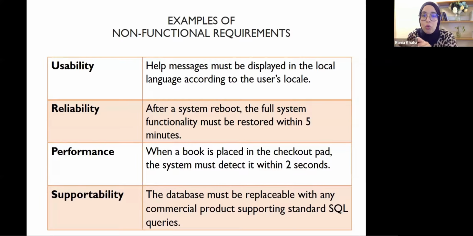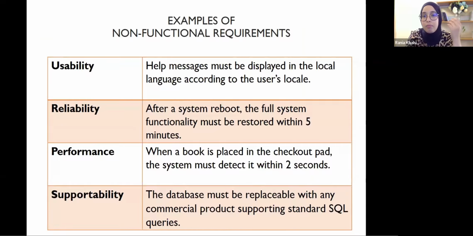So you need to make sure that your system is easy to use, but this is still a non-functional requirement because it's not related to the features of the system. Reliability, for example, is about what happens if the system has errors, and how much time your system would run even when you have errors. Reliability is very important from a security perspective.